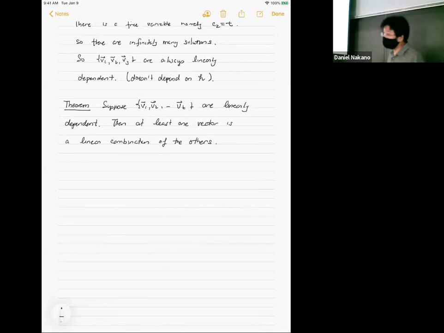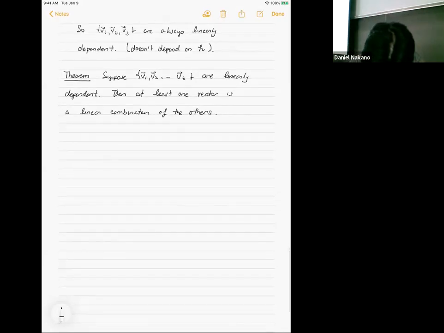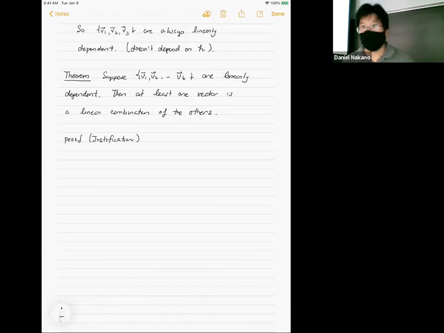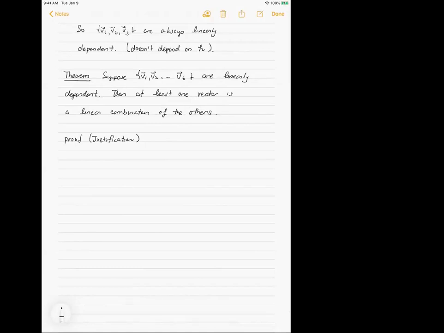Okay, so let's see why this is true. Here's a justification. If you like to call it a proof, I actually like justification better, proof is kind of a scary word. So let's just see why we think this is true. It's better to think about why instead of just saying it has to be true.